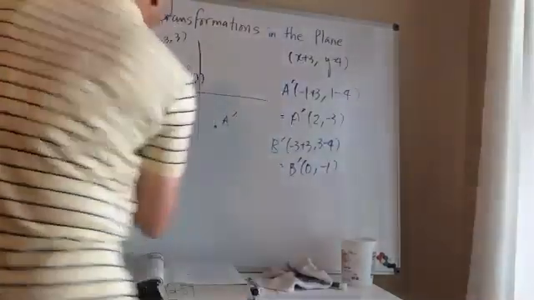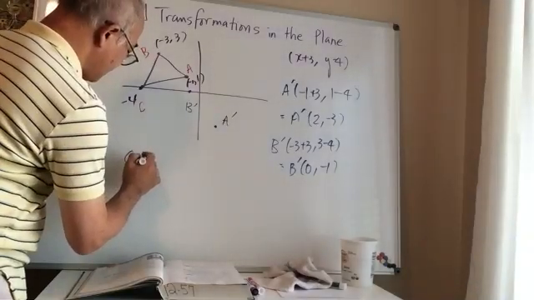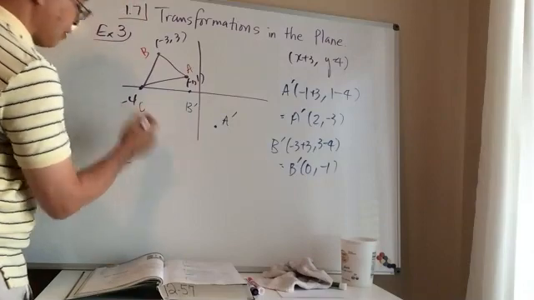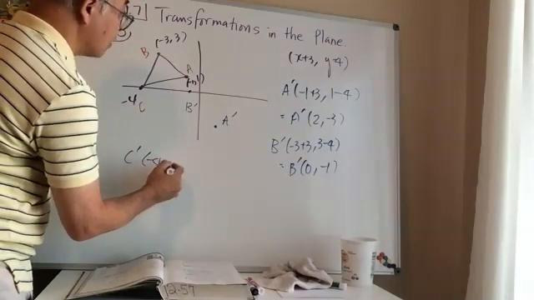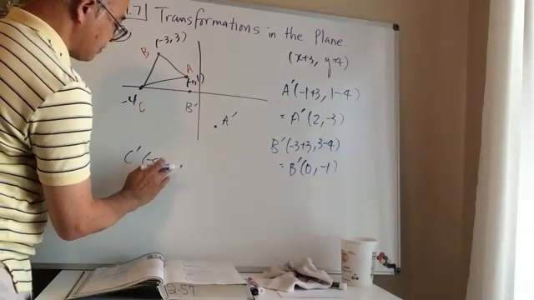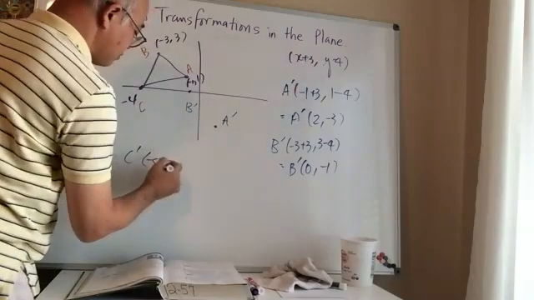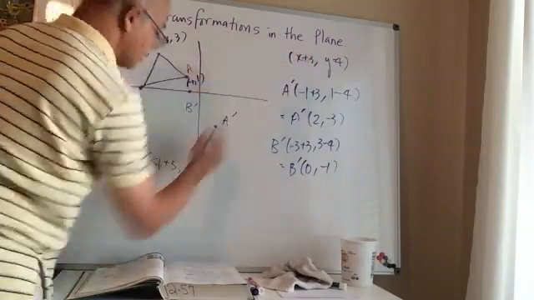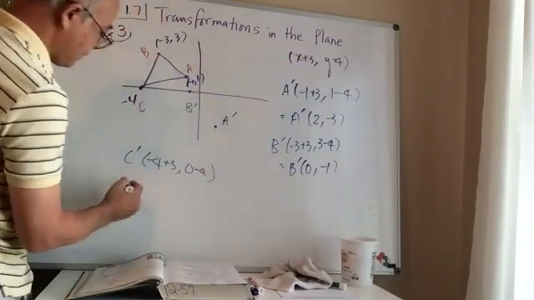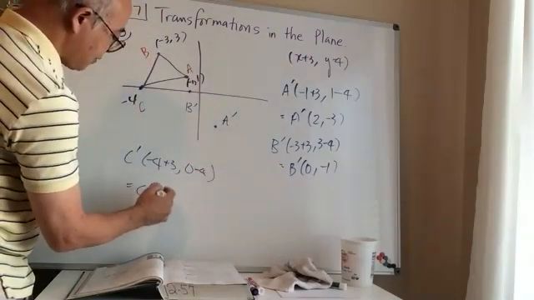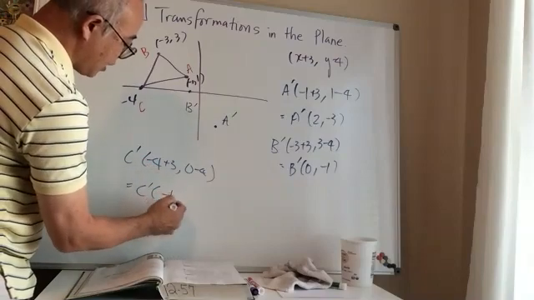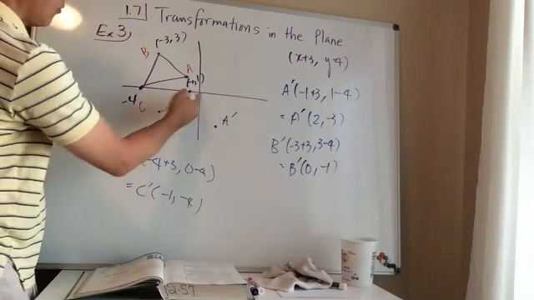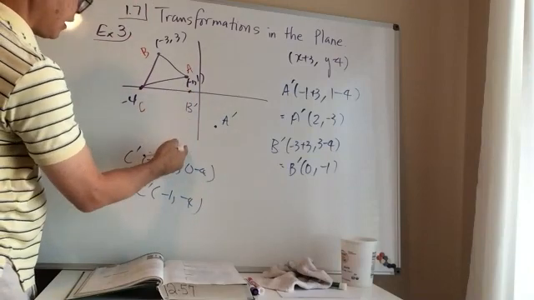Let's do C prime over here. Initial C is (-4, 0), right? So -4, the transformation I'm going to make is +3. Then I had y equal to 0, and I'm going to subtract the 4. So C prime is (-1, -4).